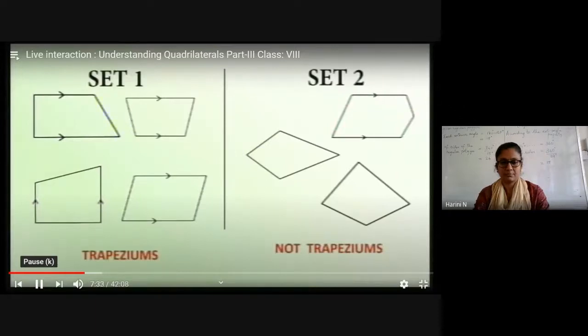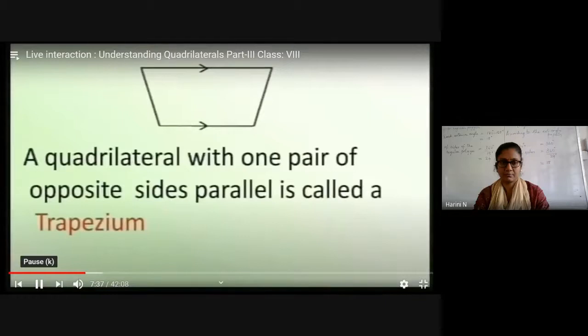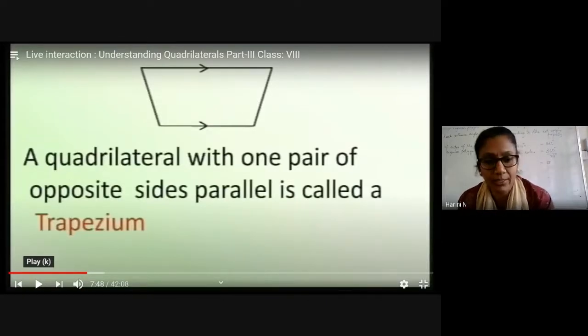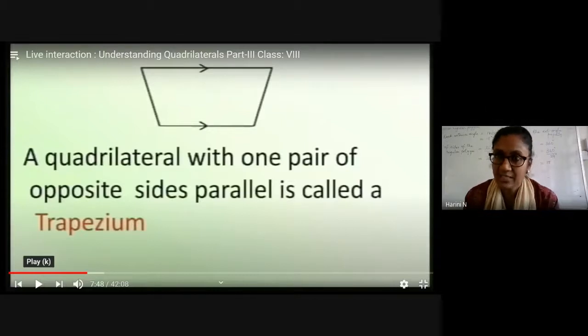Based on these attributes and this learning, we can now define a trapezium as a quadrilateral with one pair of opposite sides which are parallel. This is the first branch we have come out of. I hope you have understood what a trapezium is: a special variety of quadrilateral where only one pair of opposite sides will be parallel. This is a very, very important learning point for you today.